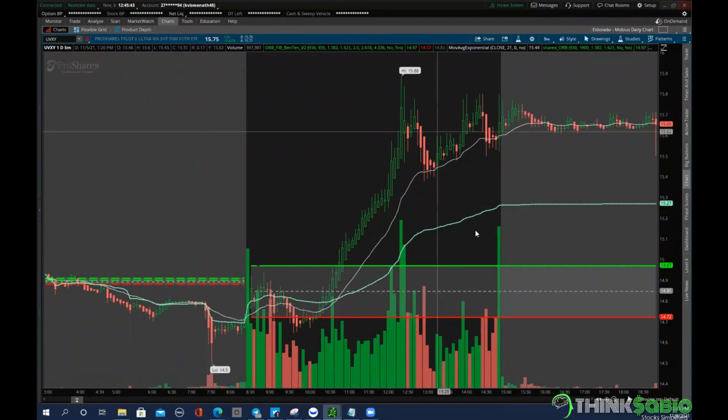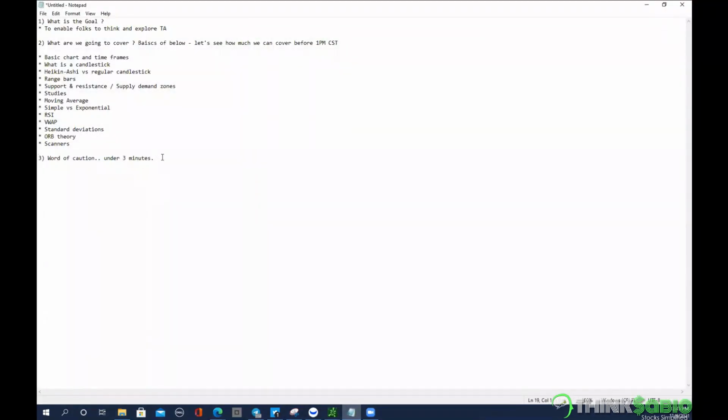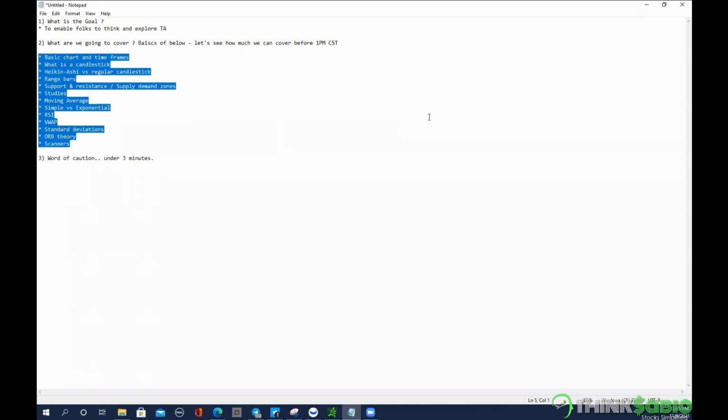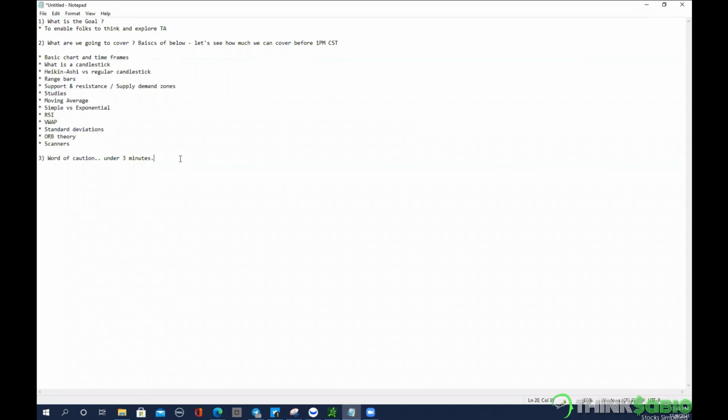There's a wonderful feature on Thinkorswim. You can do paper trading, just learn everything. And the word of caution for everyone is to paper trade before you implement any of these with your real money. I'll actually say paper trade for 3 minutes straight.